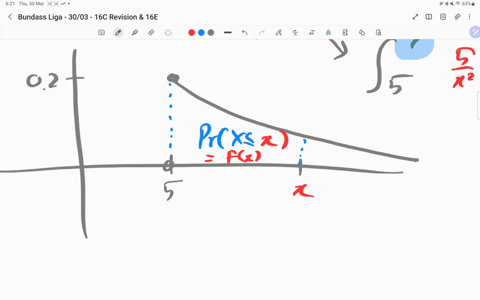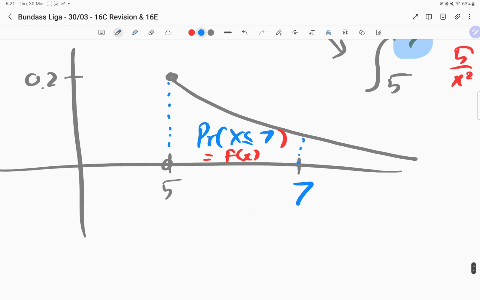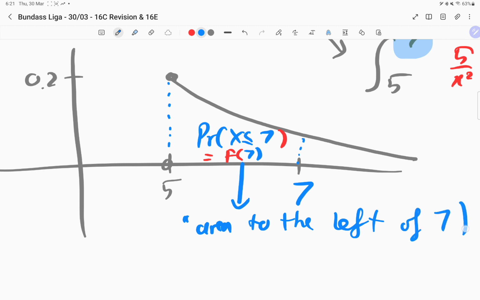Right? And that's why if you ask for the area to the left of 7, that just means you're changing this number to 7, which means this is big F of 7, done. Does that make sense? Yeah. Yeah? Because this is technically area, so think of it as area to the left of 7.